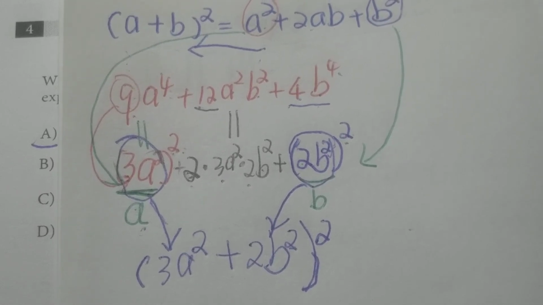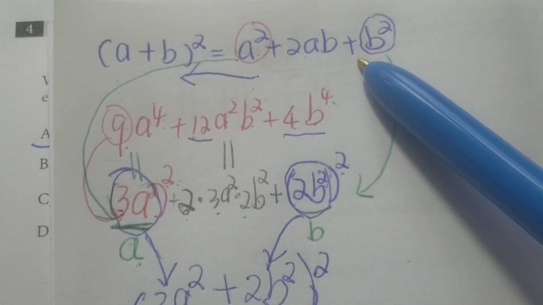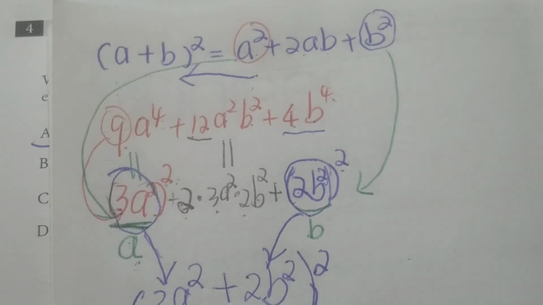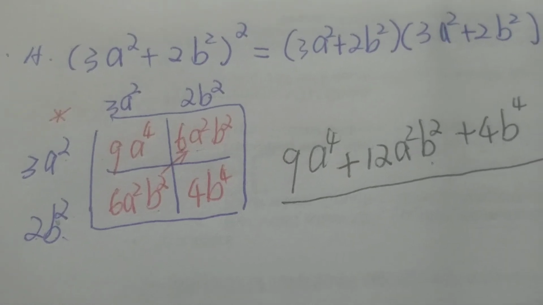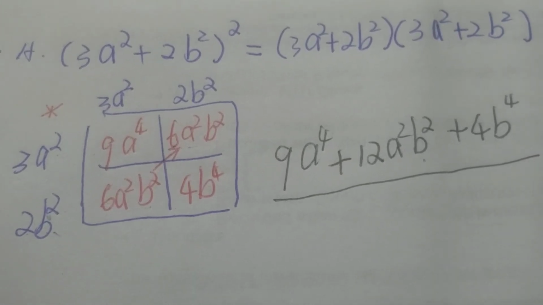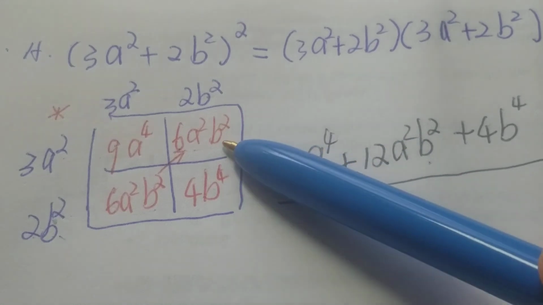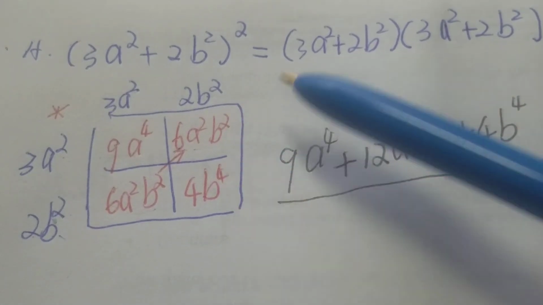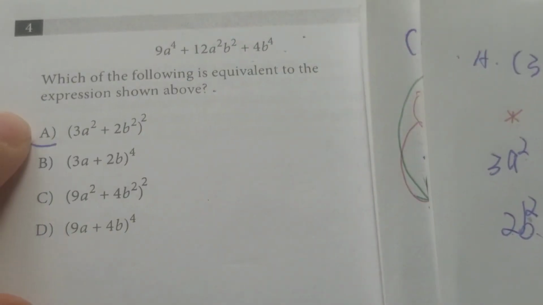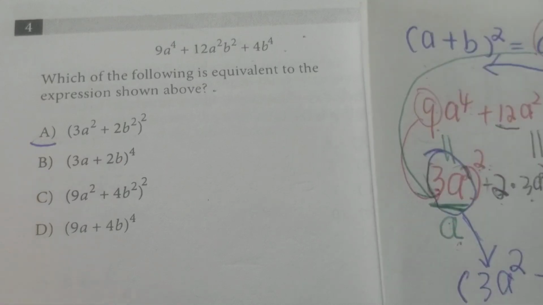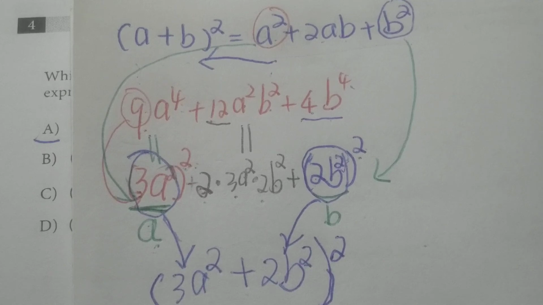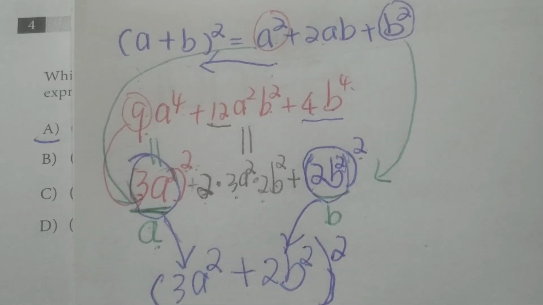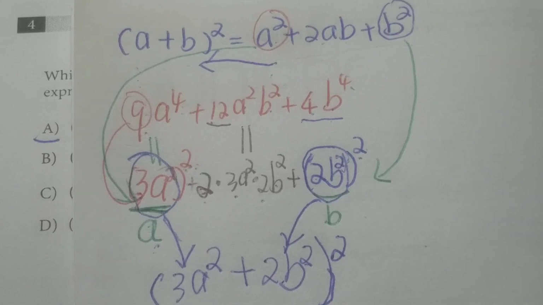However, if you don't like this, you definitely can use the 2 by 2 table to find it out. And remember, if you only have 1 minute for that question, you might not be able to multiply 4 times for all those answer choices. Therefore, I strongly suggest you be very familiar with the special product. It will save you a lot of time. This is all for question number 4.